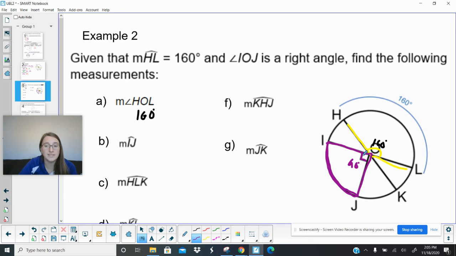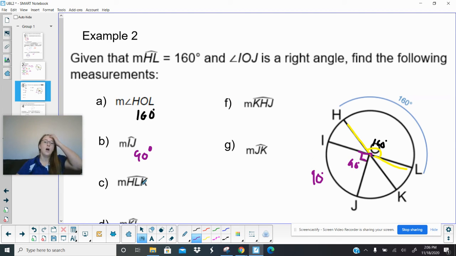So if we know this angle, we know this arc. What does this arc have to be? 90 as well. That 90 degrees creates this arc, so it's going to be the same. Okay, so we got 90 degrees.